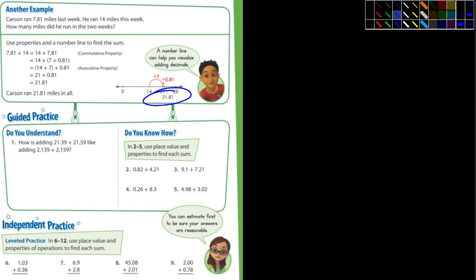How are they like adding together? Yeah, Miss Adams, what do you think? Because it's the same, it's just that it doesn't have a decimal. Yes, exactly. You're doing the same additions, but just without a decimal.